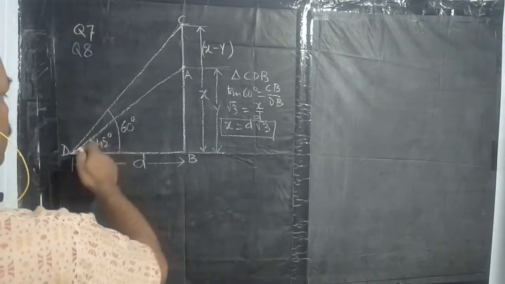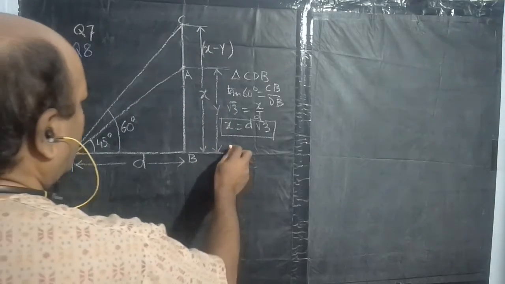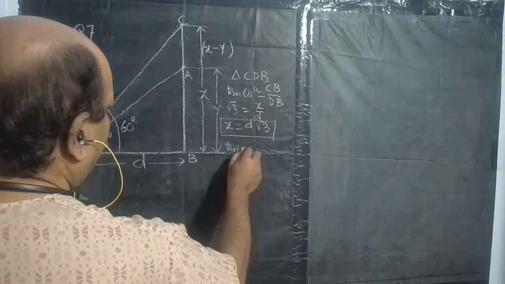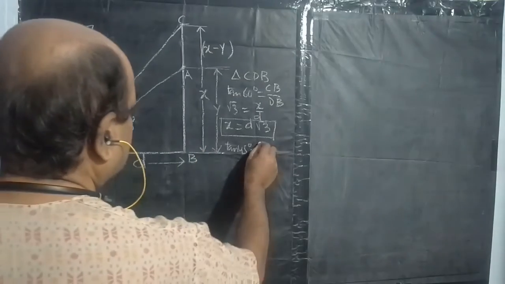Now come to the small triangle. Again it is tan 45 degree. Tan 45 degree is equal to AB upon DB.